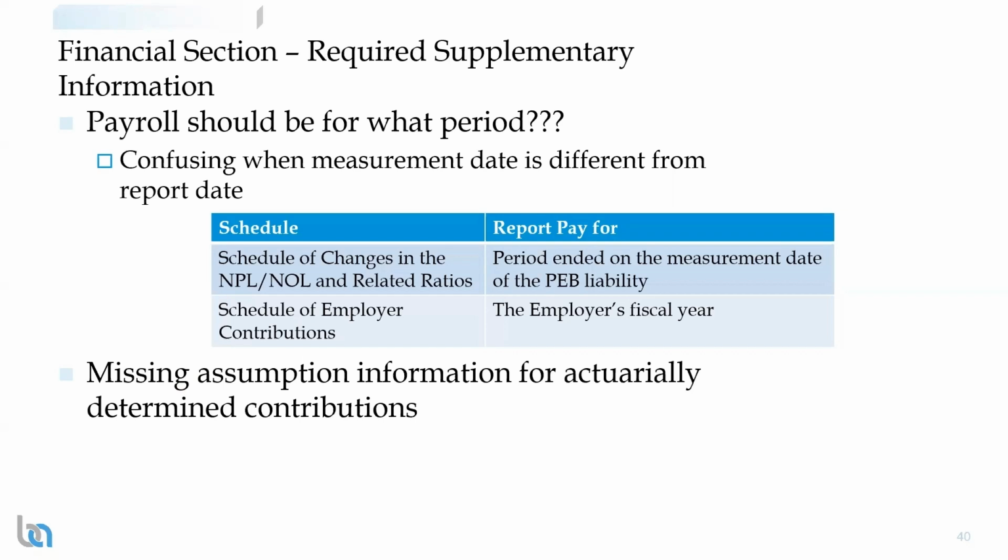It is kind of confusing, because especially with the agent multiple employer plans for CalPERS, there's assumption information in there. That assumption information is for the actuarially determined contribution. It's not for the calculation of the liability. For the calculation of the liability, they have a separate handout on the website that has the assumptions for that. So keep in mind that the assumptions may be different when you have this schedule.